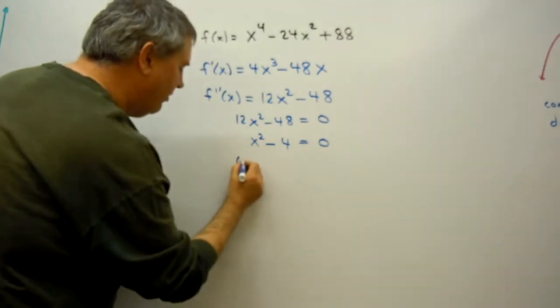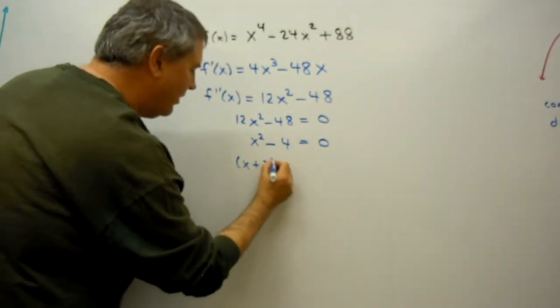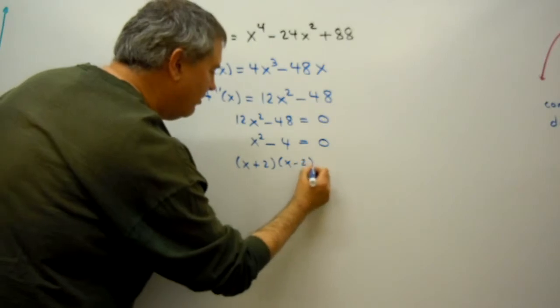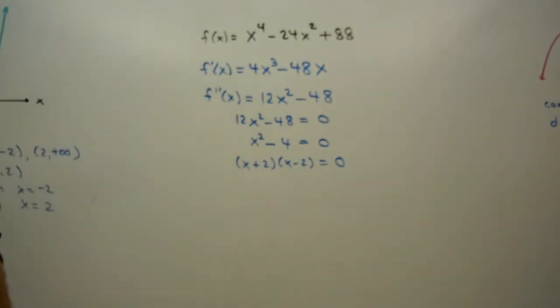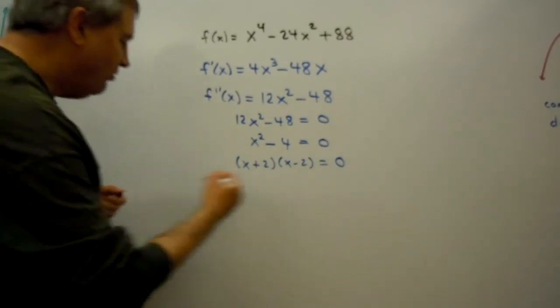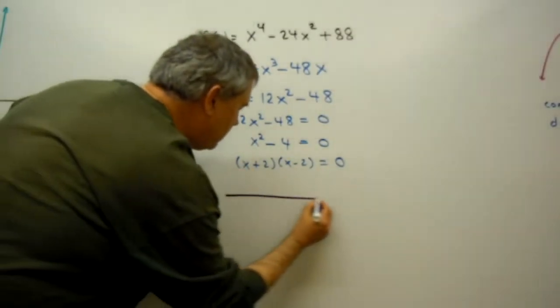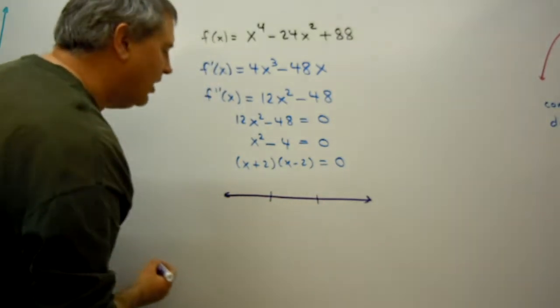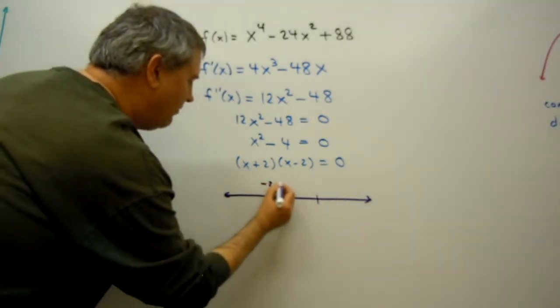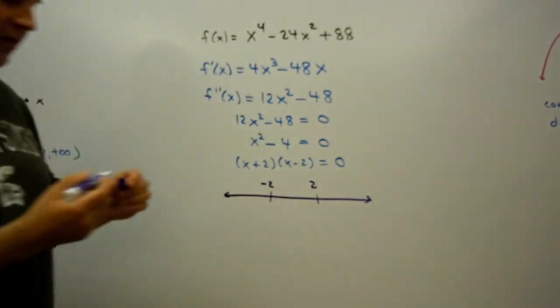And that, of course, factors into x plus 2, x minus 2. So if we do an analysis of the second derivative, it would be 0 at negative 2 and positive 2.